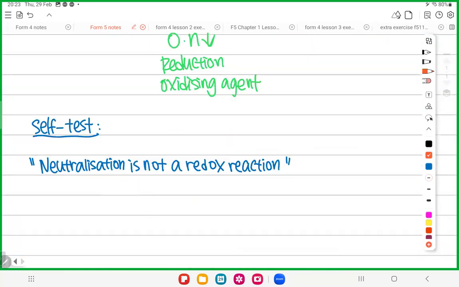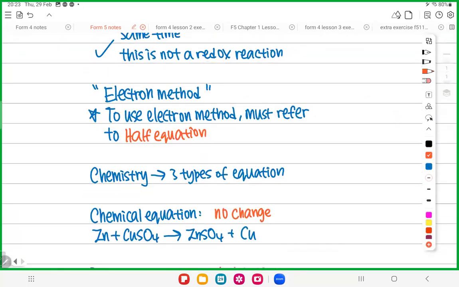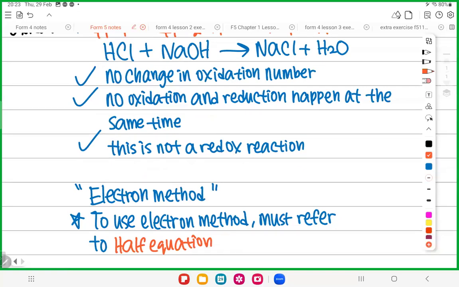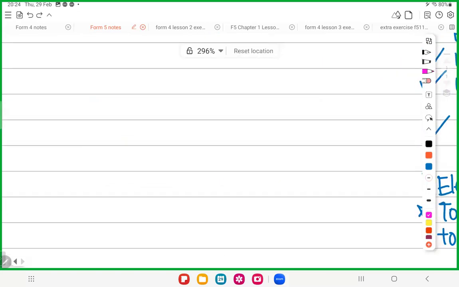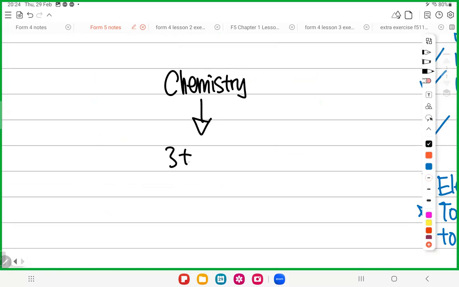Now, the electron method. If you want to use it, you need to refer to something very special, which is called a half equation. So what is a half equation? Let me show you something. In your entire chemistry study, Form 4 and Form 5, there will be a total of 3 types of equation you need to know.